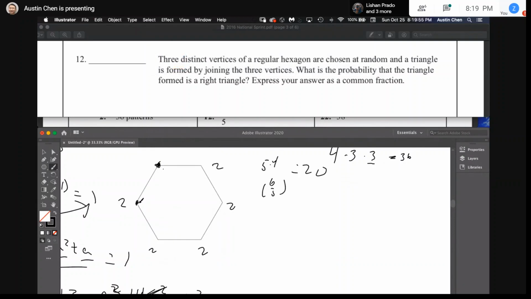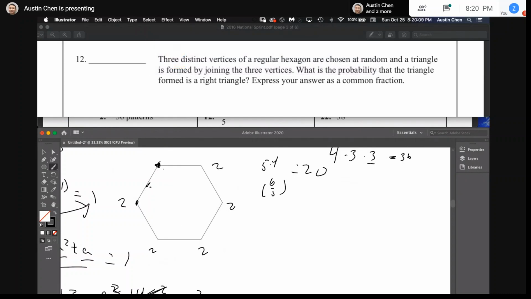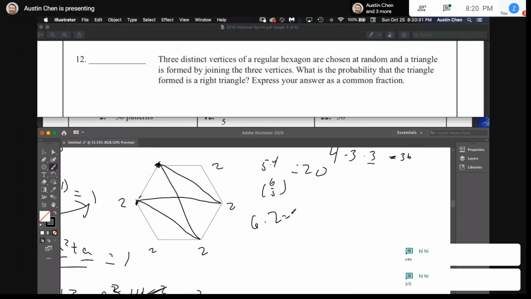And this one has two, but it's not a right triangle either. If you have a right triangle, it always has one base of the hexagon. So you can just use the sides of the hexagon to see how many right triangles you have, which is one here and another here. And that's all you have on this side. And you have 6 bases, right? And if each right triangle is classified by its base, then all those are distinct. So then it's 6 times 2, which is 12. So 12 over 20, which is 3/5.